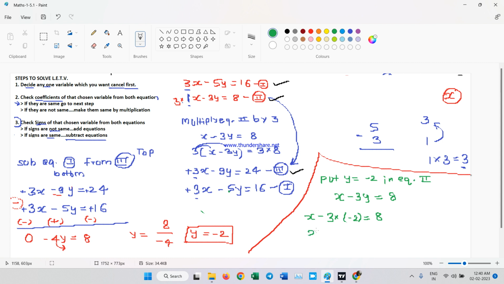Minus 3 into minus 2, minus into minus is plus, 3 twos are 6. We'll send the 6 on that side to get the value of x, and that will come out to be 8 minus 6, and the answer of x will come out to be plus 2. So these are the two things we have solved. x is equal to plus 2 and y is equal to minus 2.